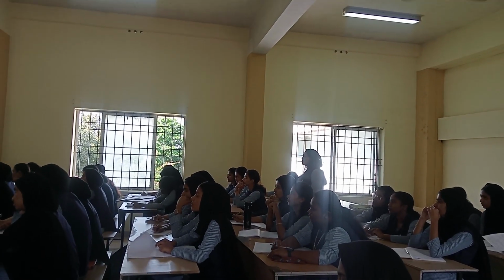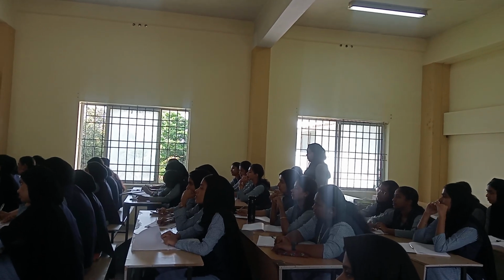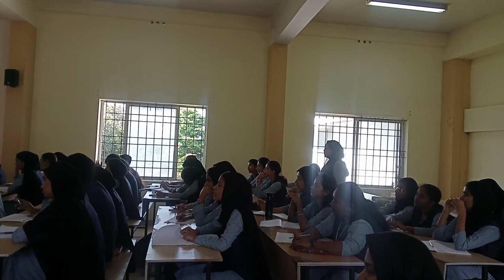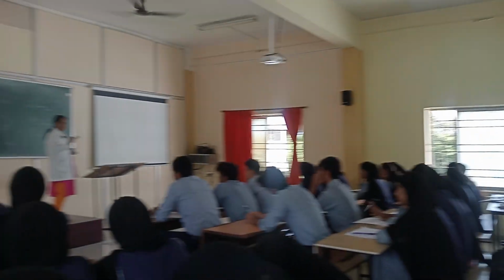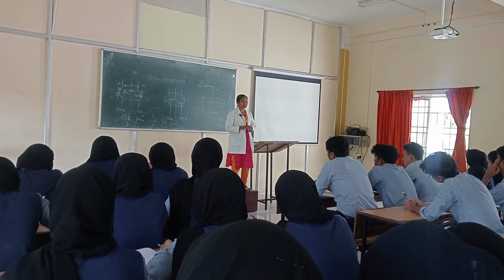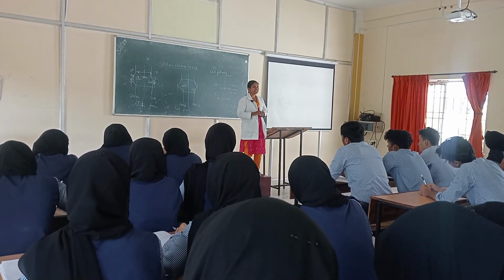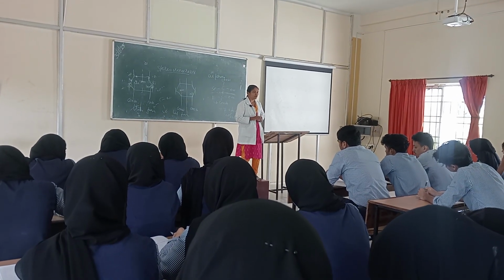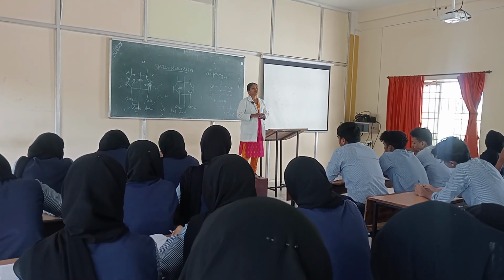What is optical activity? The compounds which, when passed through plane polarized light, produce different rotation, right side and left side, are optically active compounds, and the phenomenon is known as optical activity. Those compounds show optical isomerism.